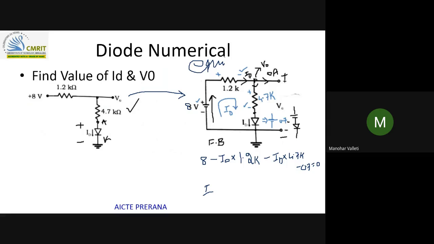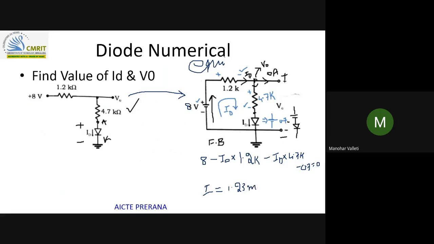So ID equals 7.3 divided by 5.9k, right? 5.9k. That is 1.23 milliamps.